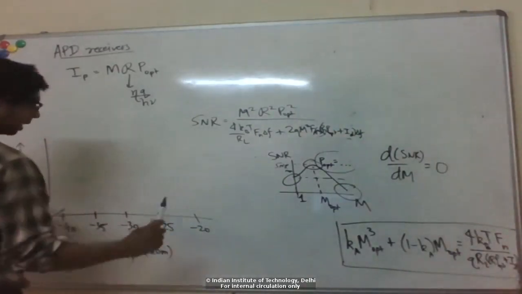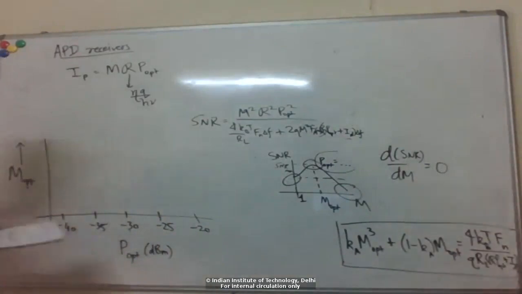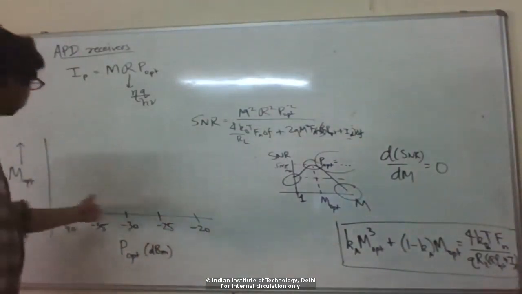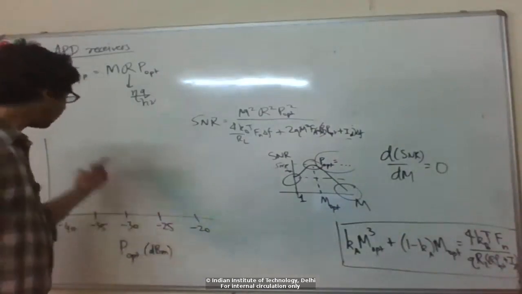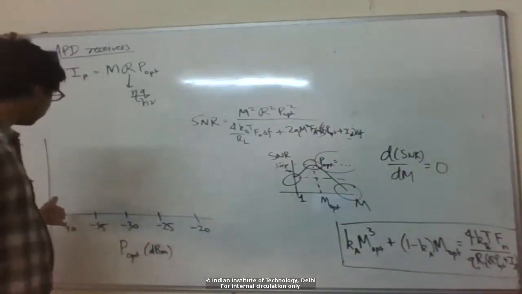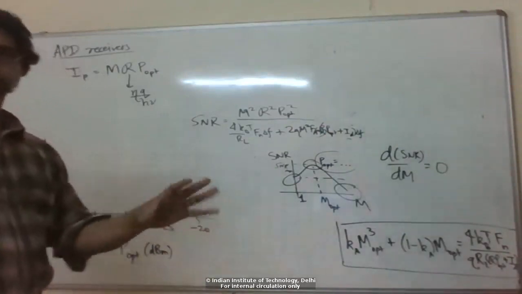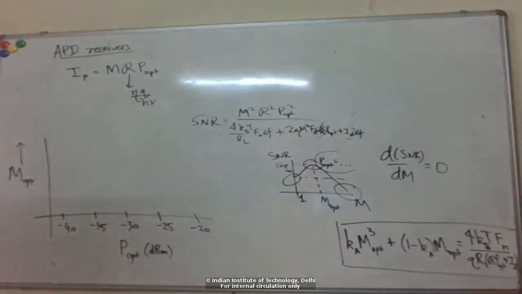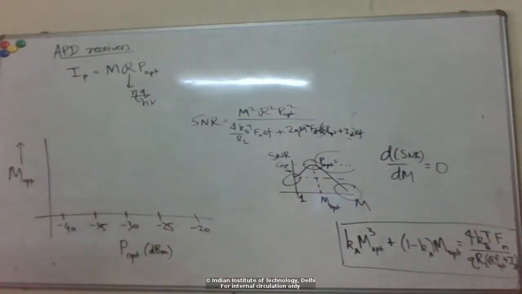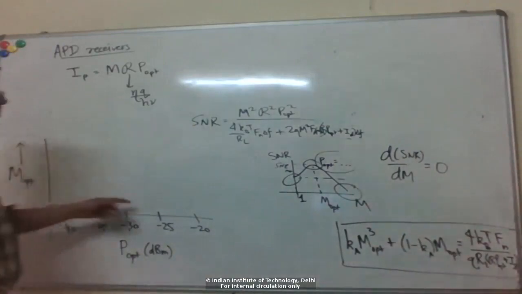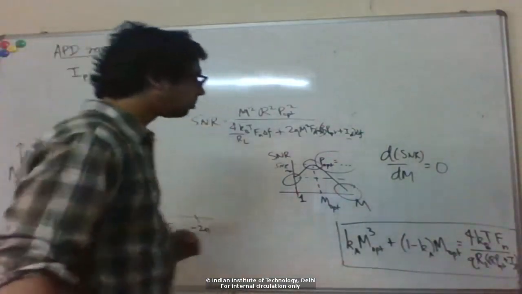Minus 30 dBm is 1 microwatt. Minus 40 dBm is 100 nanowatts. Okay, so you can see what range of powers we are talking about for APDs. It's sort of in the 100 nanowatt to 10 microwatt range. Beyond that, we prefer to use pin photodiodes because the optical power is high enough that you can get a decent signal from it. So now, again, this depends on this value of Ka.